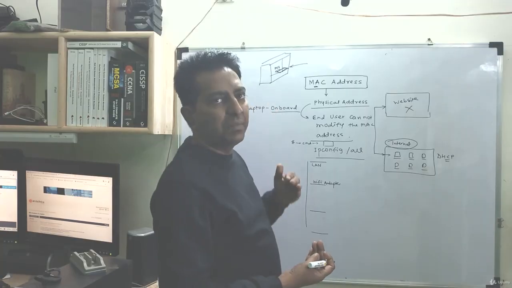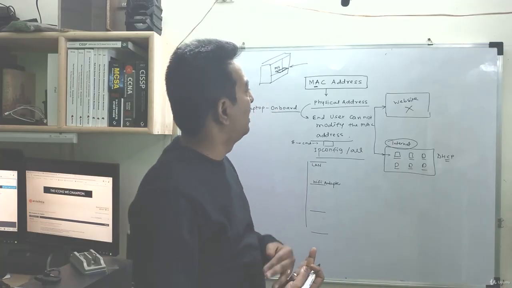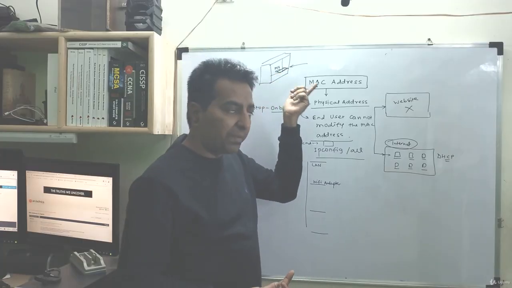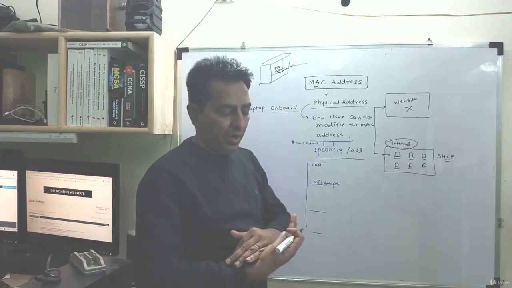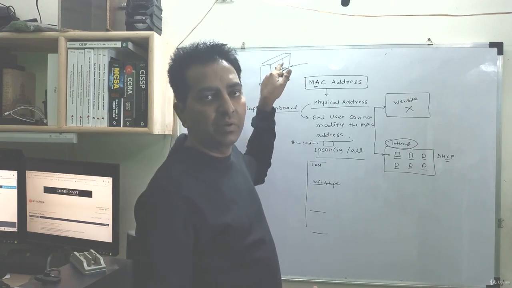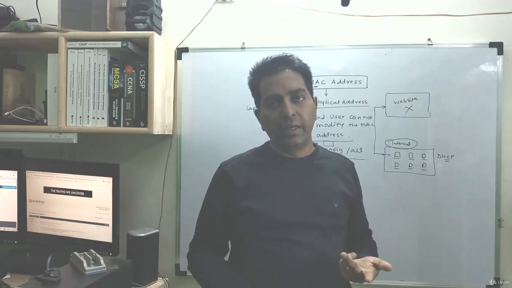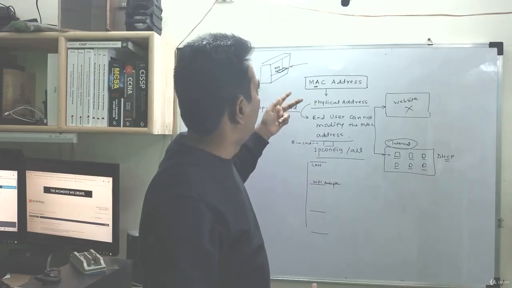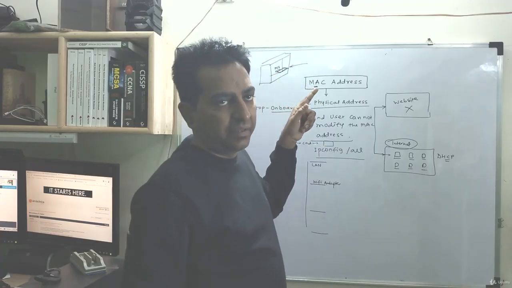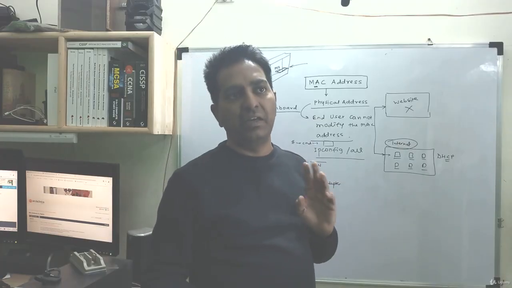In the same way, the PCI slot is also known as an expansion slot, and it is used to connect an external LAN card to that system. So if you have 2 PCI slots, you can connect 2 LAN cards. Each LAN card will have a separate MAC address that you need to remember.